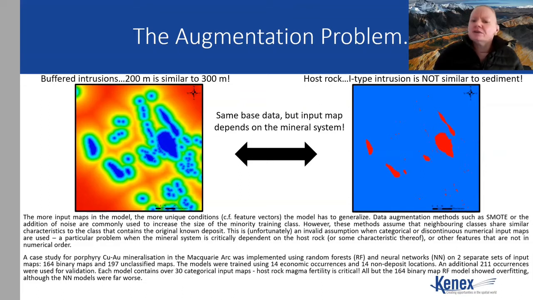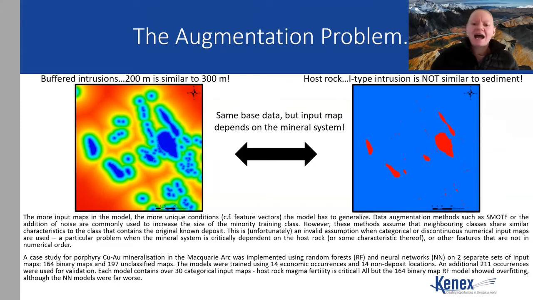Right, so using the same base data, but we're targeting a different mineral system where the host rock is important. Right, the neighboring class to an I-type intrusion could be a sedimentary unit. Unfortunately, an I-type intrusion is not similar to a sedimentary unit.